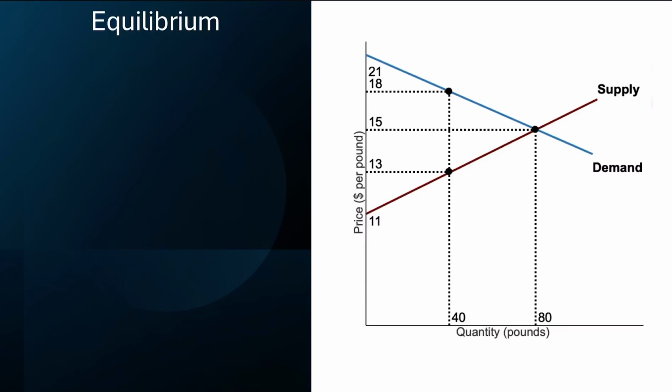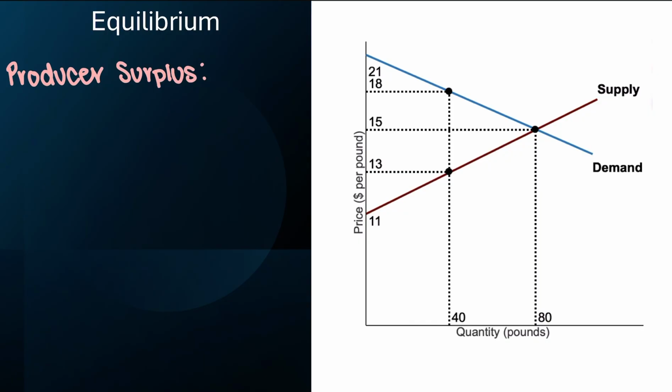So this is the equilibrium, and we are going to be looking at producer surplus, consumer surplus, and deadweight loss. And remember that producer surplus is the difference between a price that a firm would be willing to sell the good at and the price that they actually receive.